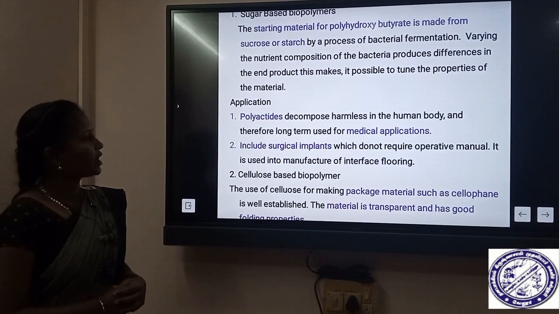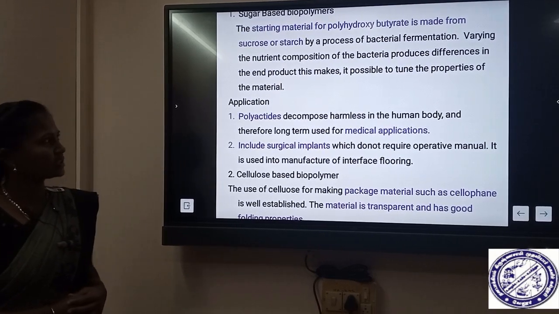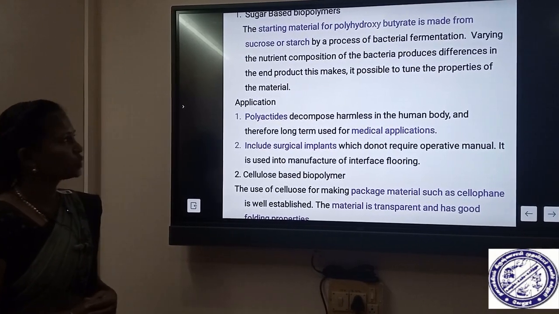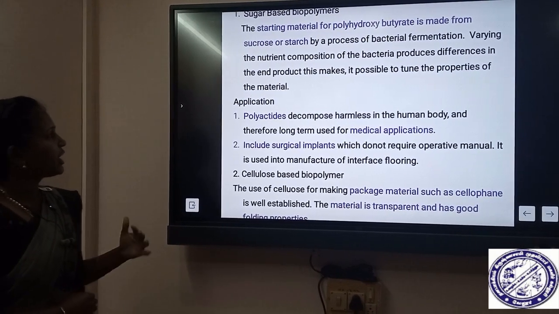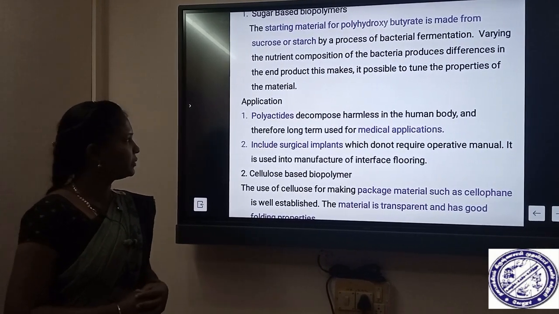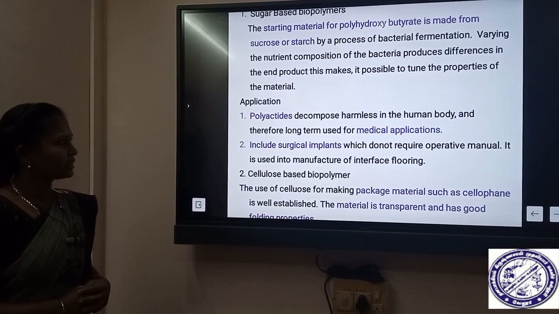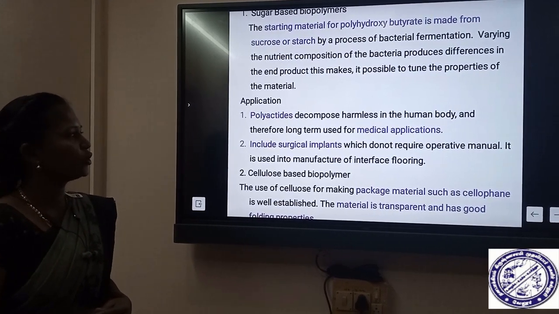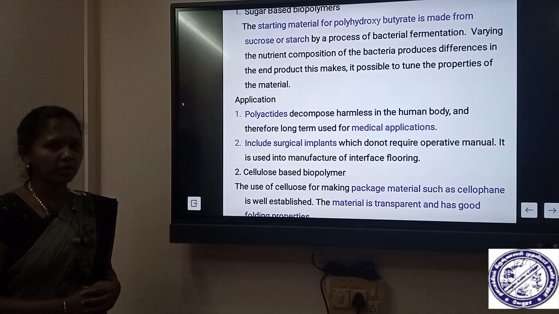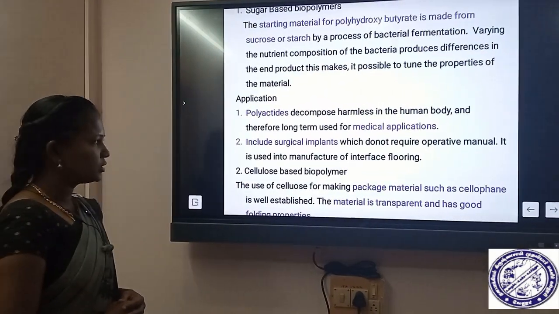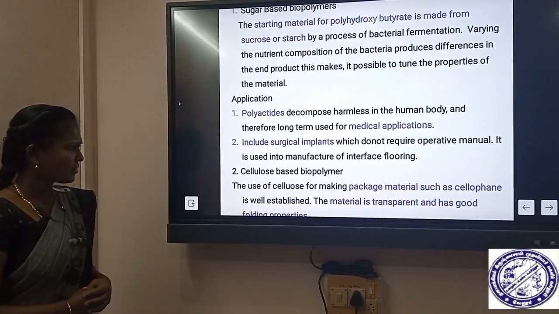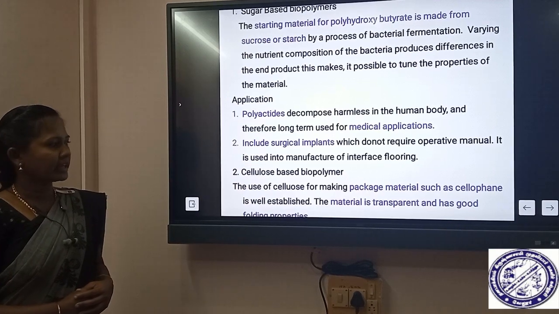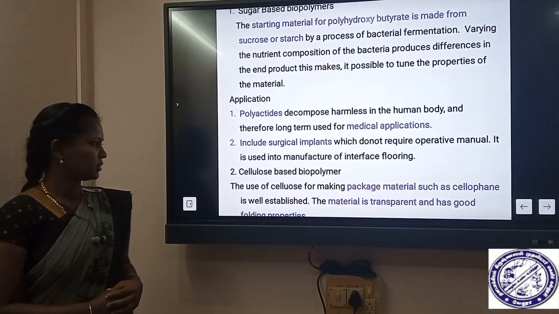The starting material for polyhydroxybutyrate is sucrose or starch. So what are the applications of sugar-based biopolymers? They are used as polylactides, decomposers, harmless in the human body and therefore long-term used for medical applications, which include surgical implants.